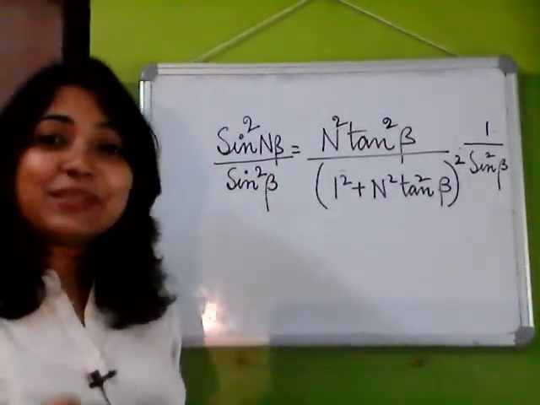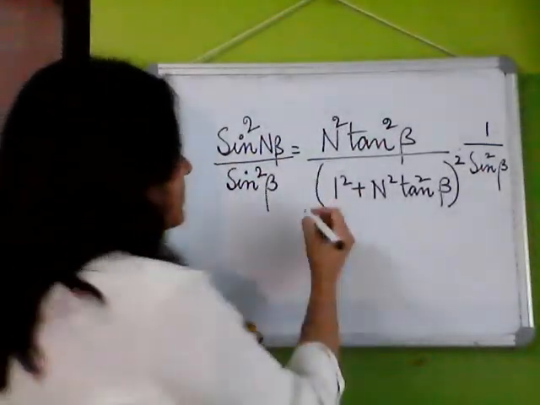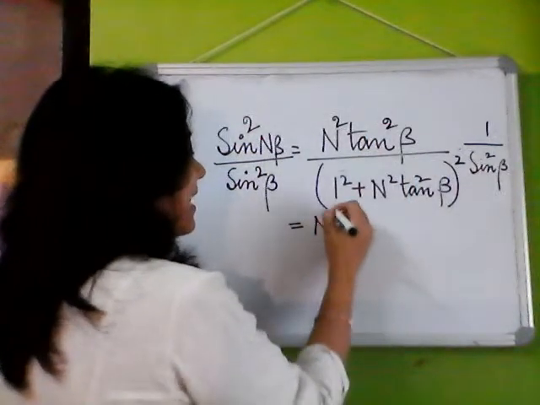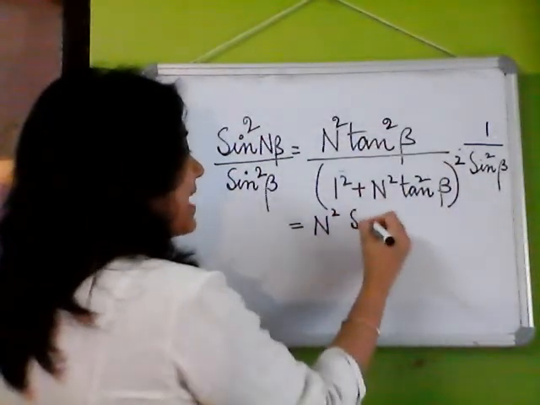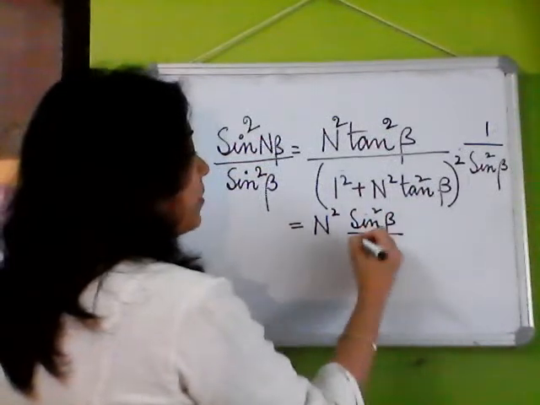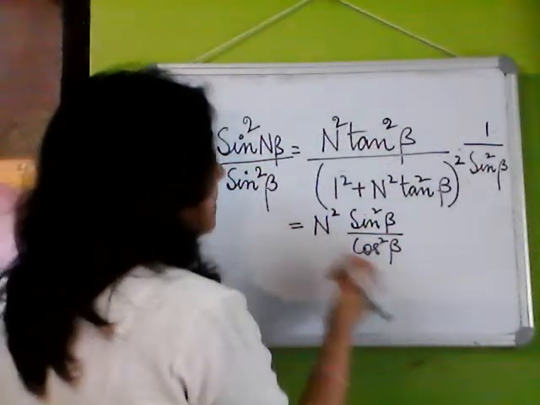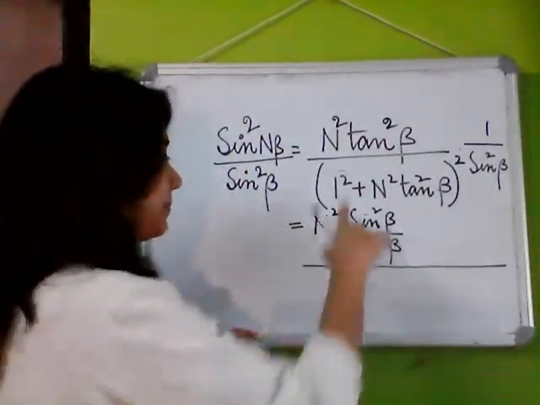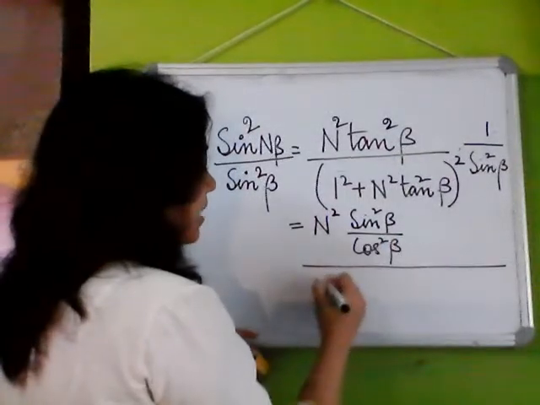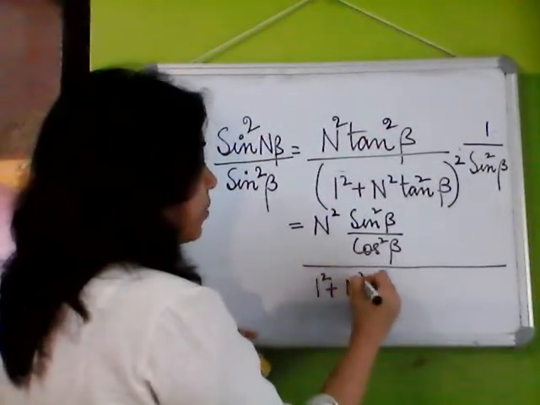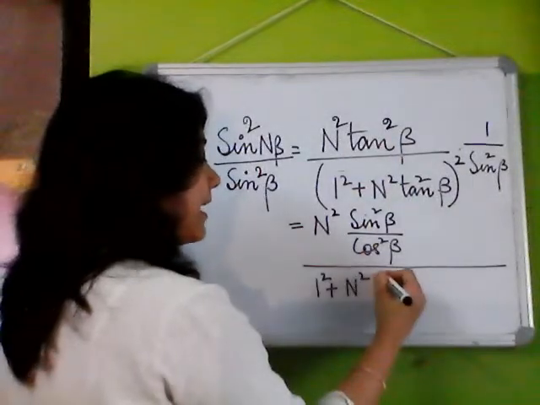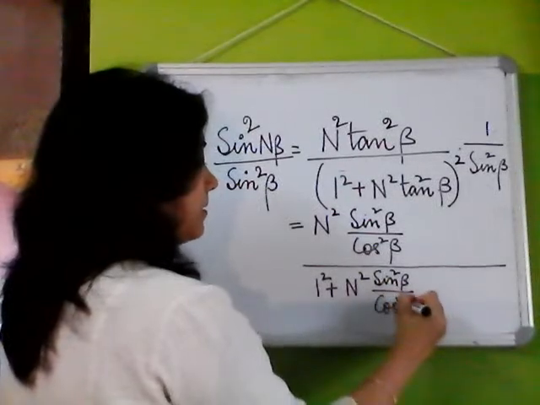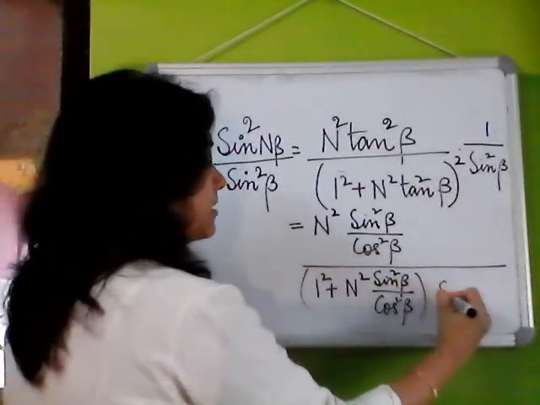Now, a little bit more of mathematics, a little bit more, okay? What will I do? I will write this tan square as sine square beta by cos square beta. Students, please bear with me. I hope you all will be very happy finally when you get the answer. Here also I have 1 plus n square tan square beta, which becomes n square sine square beta by cos square beta, into sine square beta.